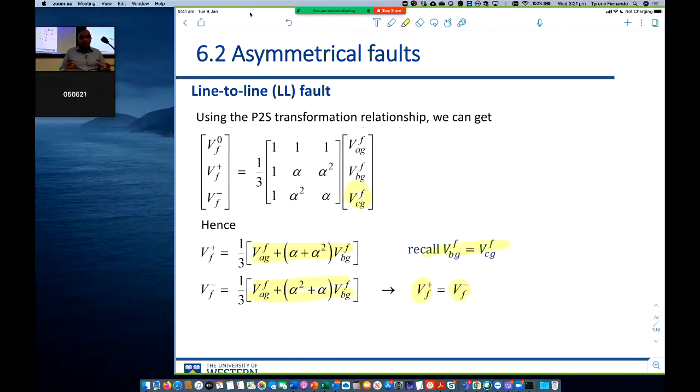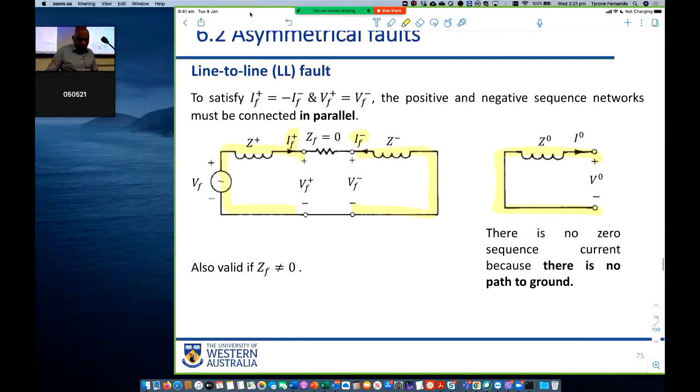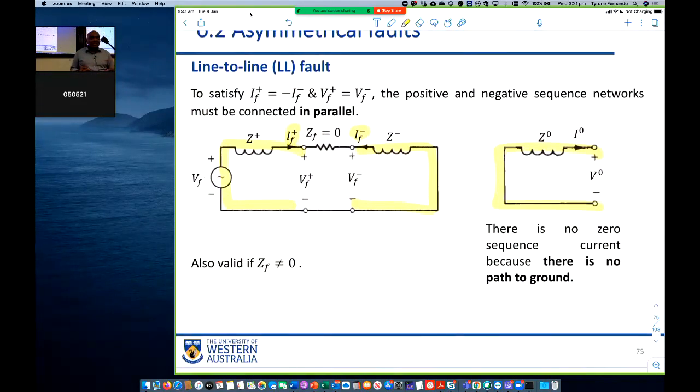Okay, so what does our analysis show? The positive sequence voltage and the negative sequence voltage are the same. Our analysis also shows that the positive sequence current is in the reverse direction of the negative sequence current. So that tells us the positive sequence circuit and the negative sequence circuit need to be connected in parallel. Because if they are connected in parallel, VF plus and VF minus are the same, right?